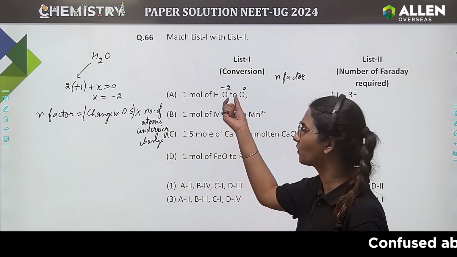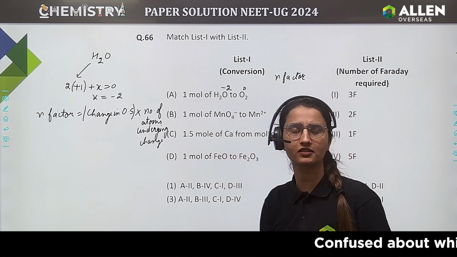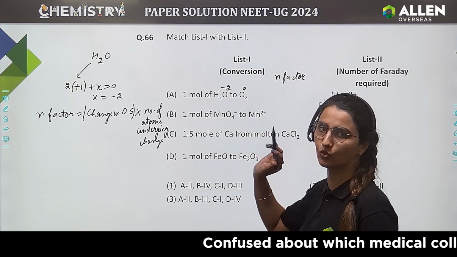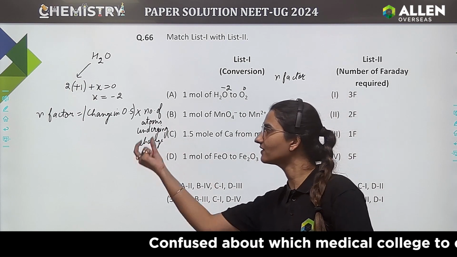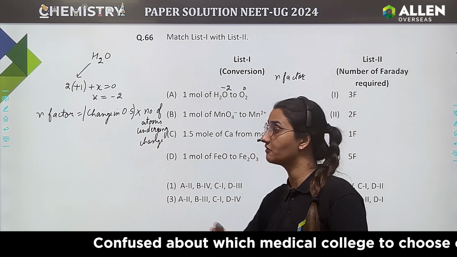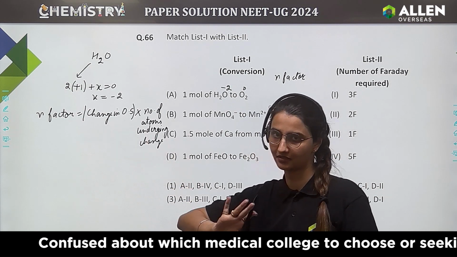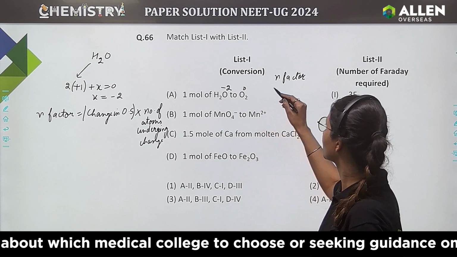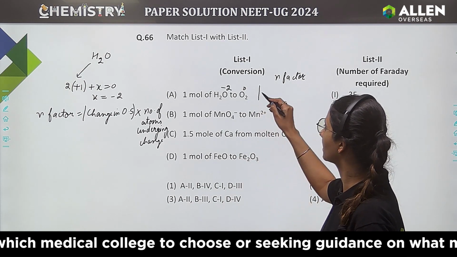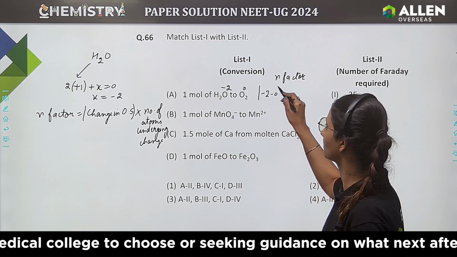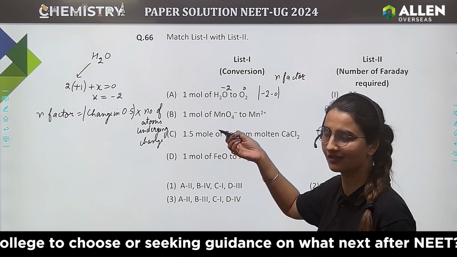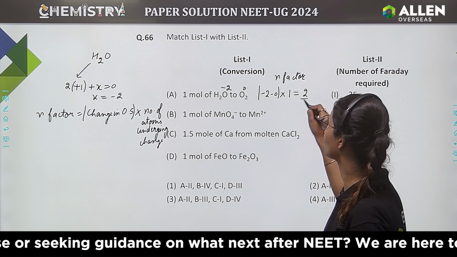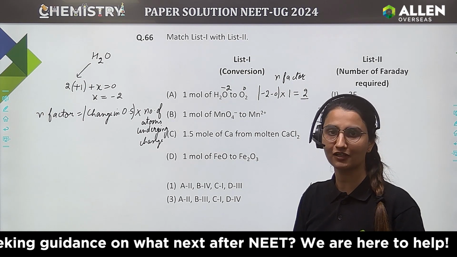If you have a doubt why not H, there is no description of H on the product side, students. Just see, there is one O going to O2. When you multiply with the number of atoms undergoing change, we take from the reactant side, not of products. So change is what? Take a mod. -2 minus 0. Mod will be 2 then, right? Into how many atoms? 1. So what is the N factor? N factor is 2.